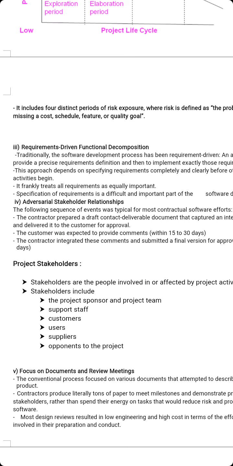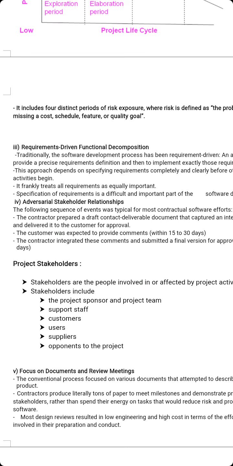See, here we are having the system requirements, software components, and software units. In that, the main software efforts are of three types. First, the contractor prepared a draft contract deliverable document that captured an intermediate artifact and delivered it to the customer for approval.